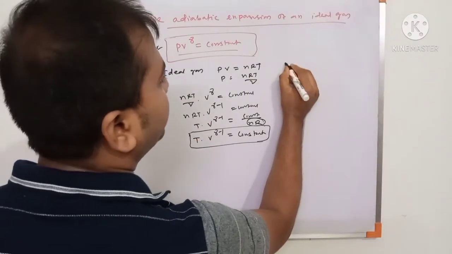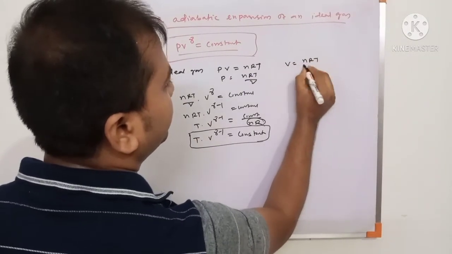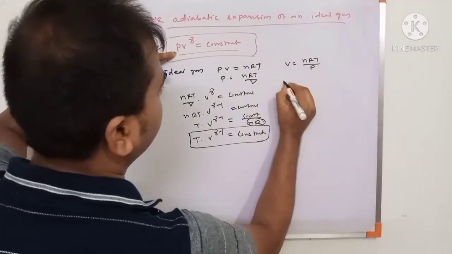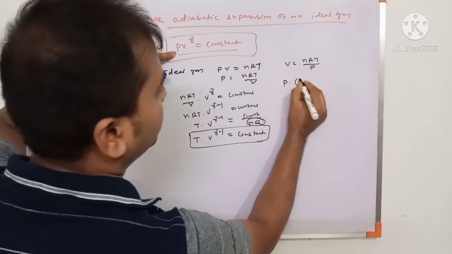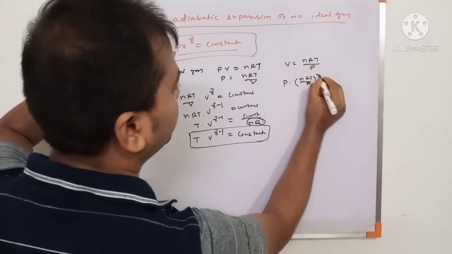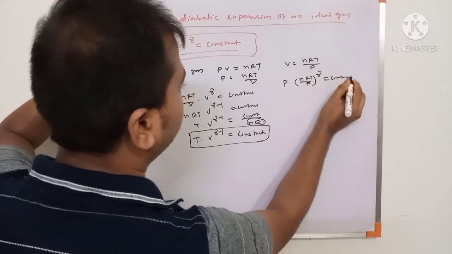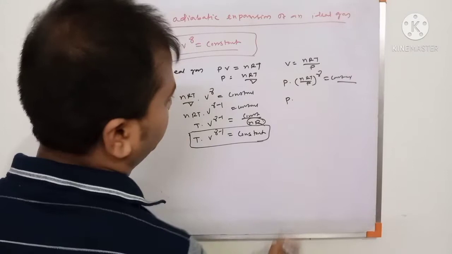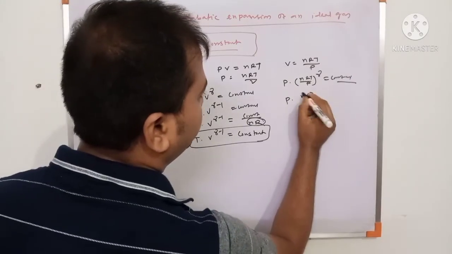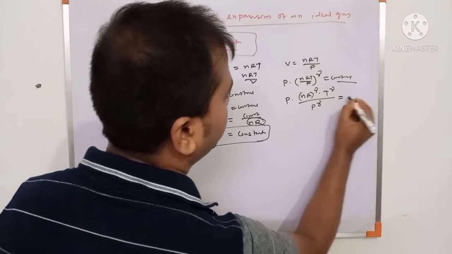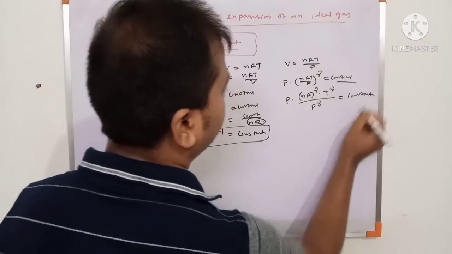And another: V equal to nRT by P. Substituting the V value, P into V to the power gamma becomes P into (nRT by P) to the power gamma equal to constant. So P into nR to the power gamma into T to the power gamma by P to the power gamma equal to constant.